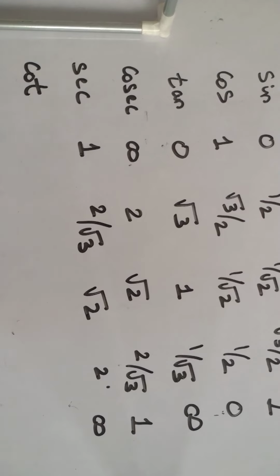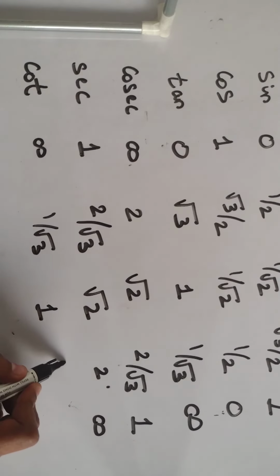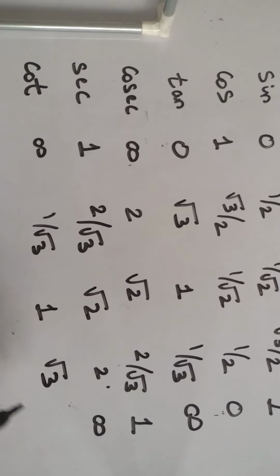Any one of the methods will work, not an issue. So cot 0 will be infinity. Here I will get root 3, here I will get 1, here I will get 1 by root 3, and here again I will get 0.